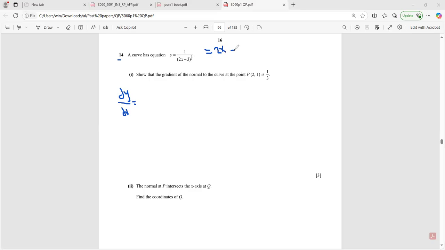So 2x minus 3 all to the power negative 3 out of 2. Okay, so here we're going to make it minus 1. Here minus 1.